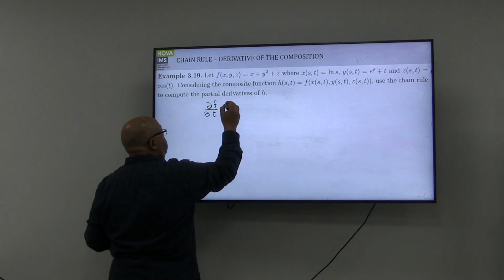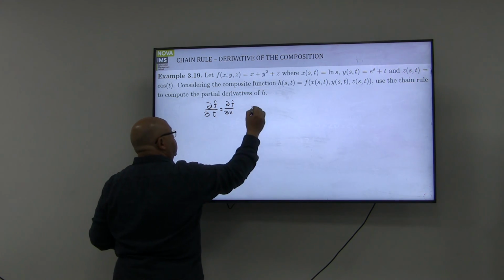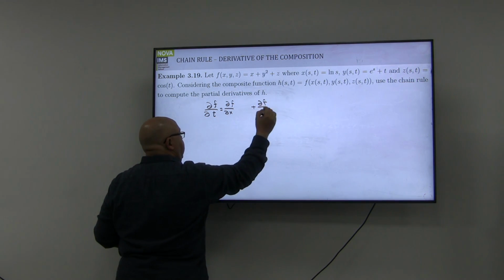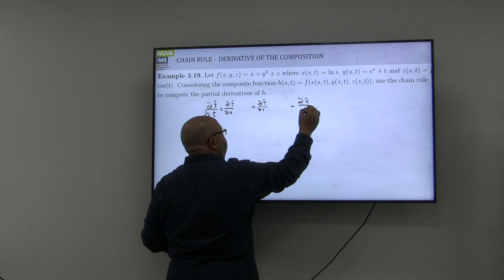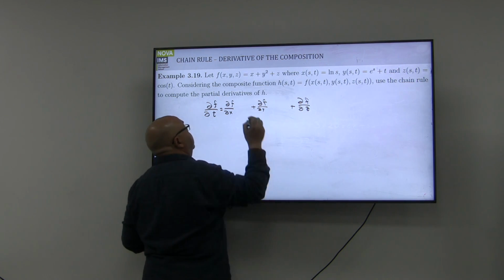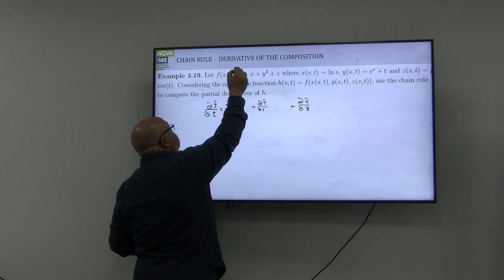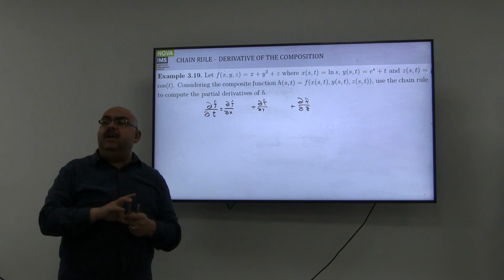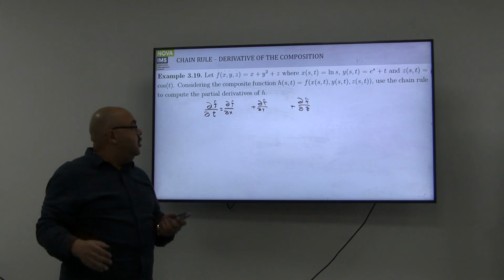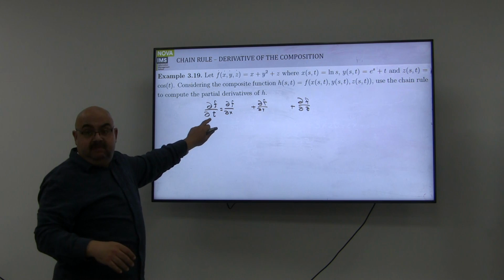All I have to do is to get partial f, partial x, then plus partial f, partial y, then plus partial f, partial z. This is the first step, differentiating f with respect to its own variables. Then I will take my derivative with respect to the chosen variable.